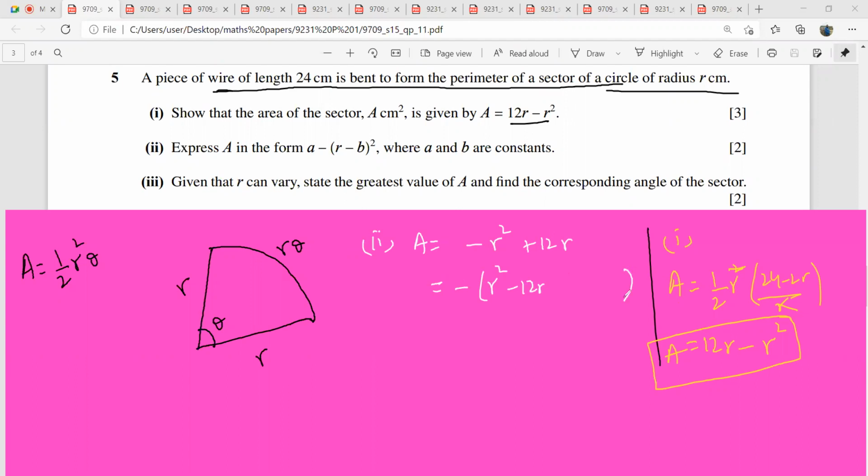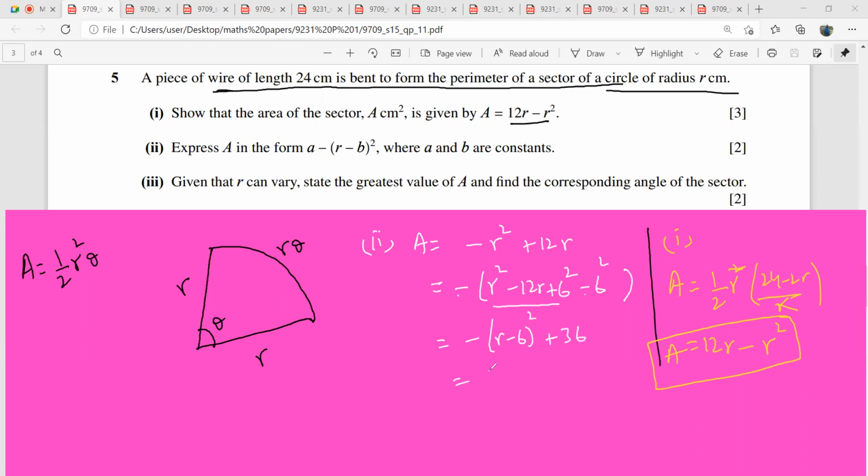And then we can complete the square. Half of 12 is 6. So you add 6 square and you subtract 6 square. All of this gives you r minus 6 whole square. And then this minus into this minus will make it plus 36.